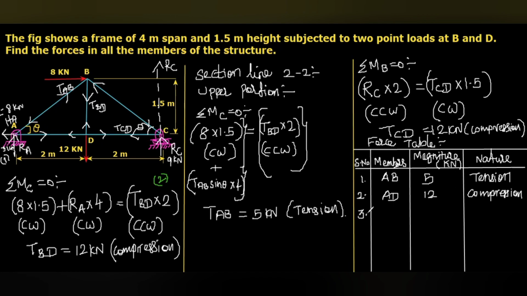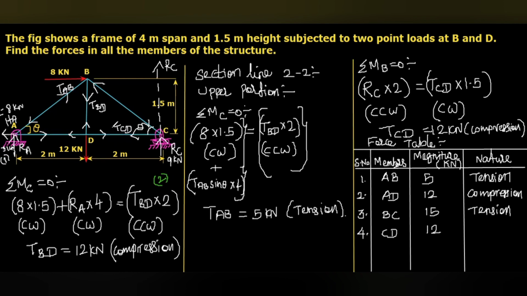Third one, the forces in the member BC. Numerically, we calculated 15 kilonewton. And here you can see the value of BC, this one, that is tensile in nature. So tension. Then the fourth one, that is CD. Numerically, we found the value of CD 12 kilonewton.